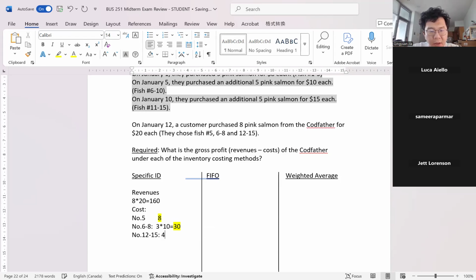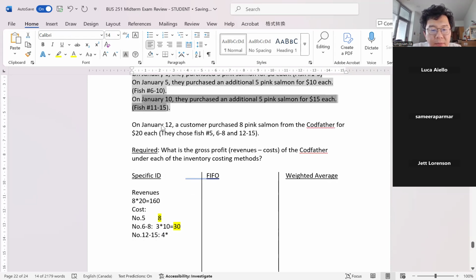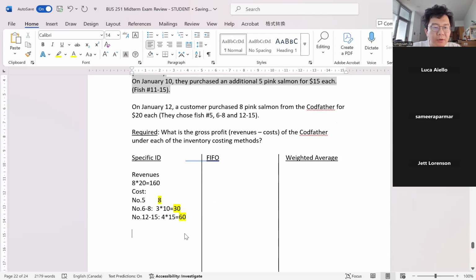It's 4. 4 fishes times 15 each. 4 times 15, we got 60. And this is another cost. So in this way, using the specific ID, we know the total cost will be the sum of these two together, 98. It will be 98.